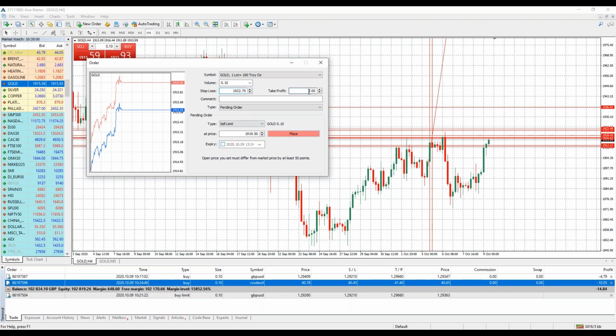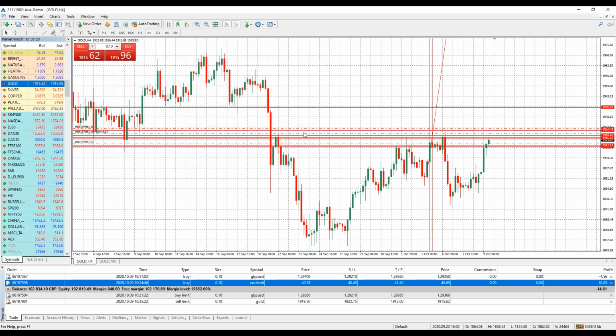And take profit on a sell could be at the first support level down, or could just be a ratio. You could say, okay, if I'm risking $3 or so, then I want to make $6 maybe. So I could say my take profit from 1919 would be 1913. 2-to-1 ratio, or a little better.